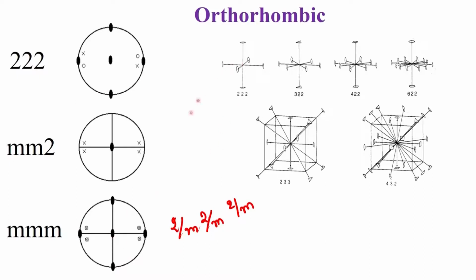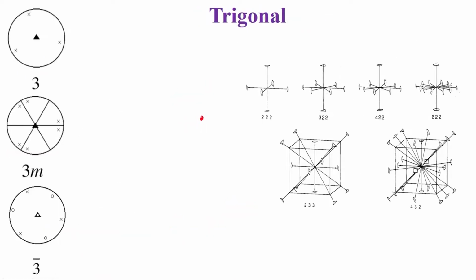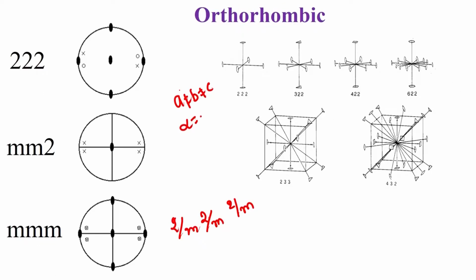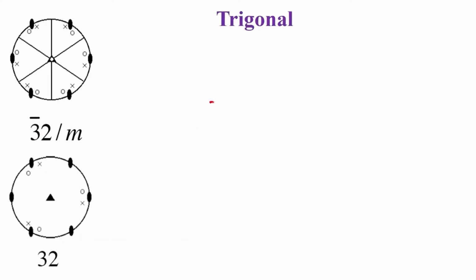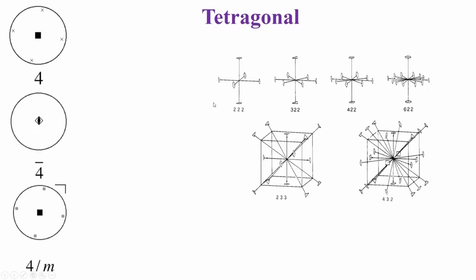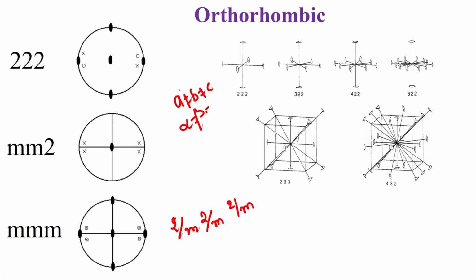The restriction, of course, which we have not written, but which you know by now very clearly, is the fact that we have a not equal to b not equal to c, none of these are equal, whereas the angles between them, alpha, beta and gamma, are equal to 90 degrees.